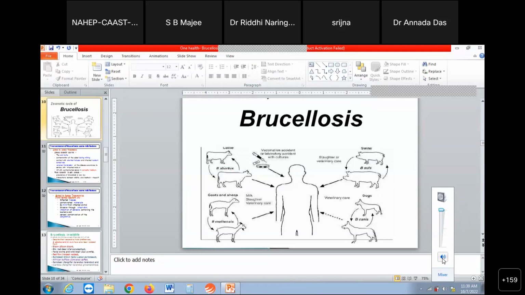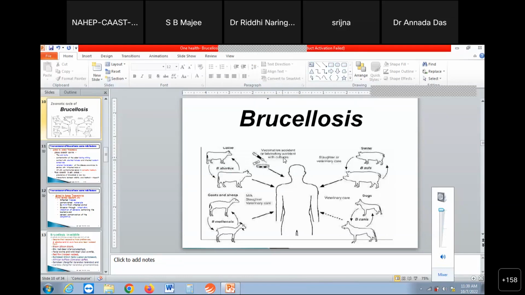Now, there are 2 things which are shown. One is vaccination, and of course, vaccination is something which we are doing in animals, not in human beings. But at the same time, these pills are also very important. So this is again a very big risk factor. This one thing is a 5th risk factor to the human being.